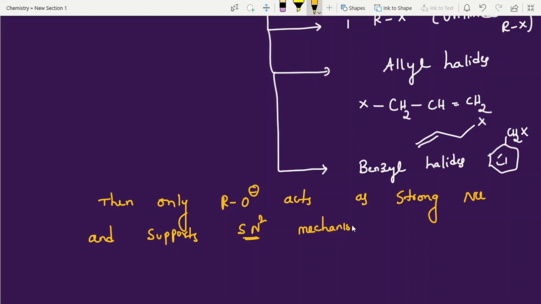Clear? Then only you will get ethers. This is case 1, students, right? Now case 2.